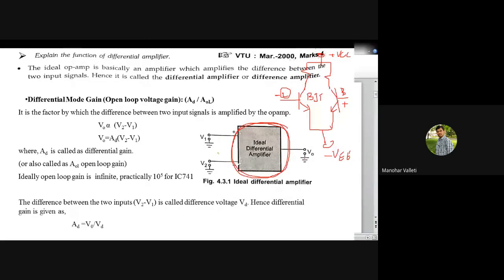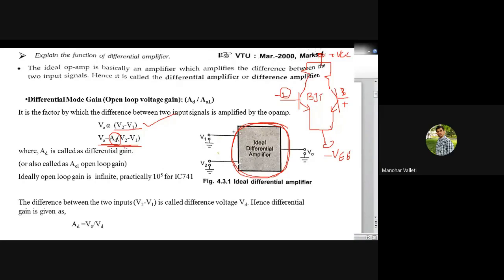If you want to see the output of a differential amplifier, the output is obviously proportional to the difference of the applied inputs. If you want to remove the proportionality constant, you will add AD, where AD is the gain offered to the difference of the input signal. We are calling it AD because it is the differential gain, or difference gain.